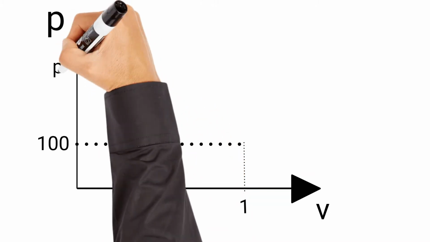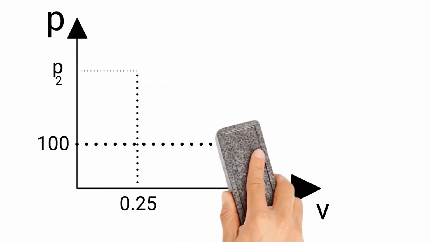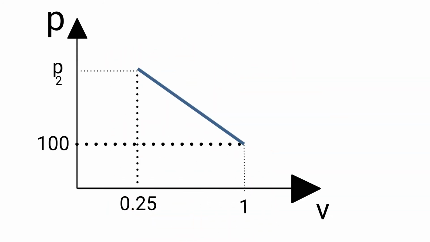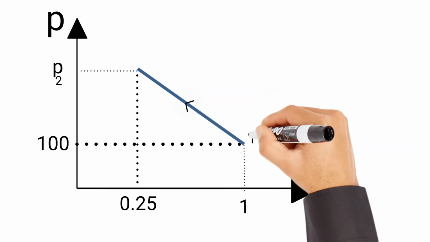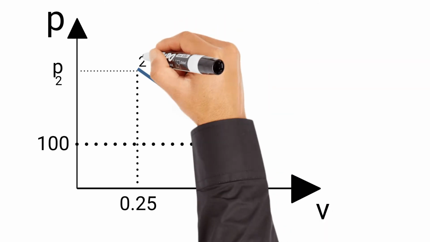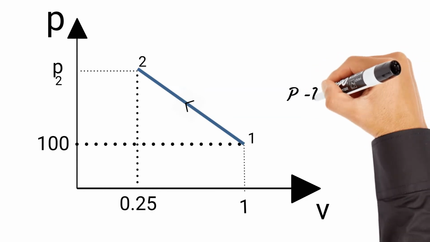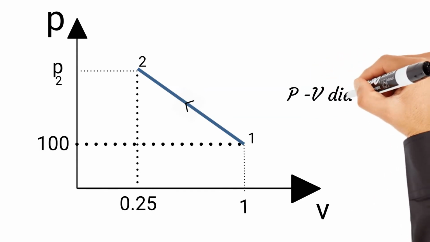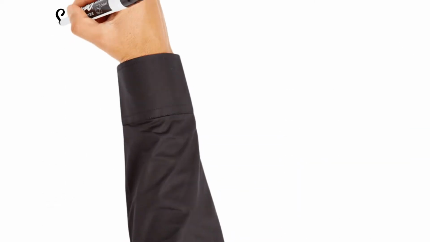Then P2 and V2, 0.25 meter cube, will give us the second point. So the line joining the two points is known as the process 1 to 2. The arrow is pointing up because there's compression. If it is expanding, it will be pointing downwards. Take note, the volume is reducing.